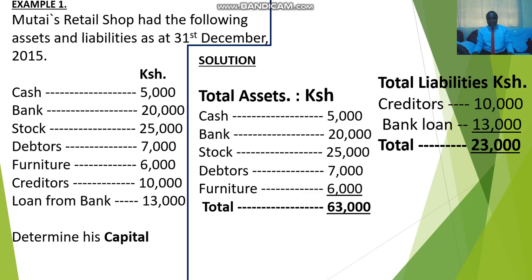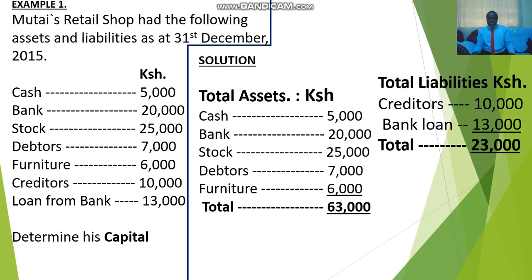In such a scenario, we shall first find the total assets. Here we have cash 5,000, bank 20,000, stock 25,000, debtors 7,000, furniture 6,000. Total assets equals 63,000. We shall also determine the total liabilities: creditors 10,000, bank loan 13,000. Total equals 23,000.